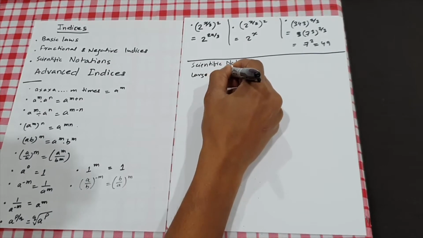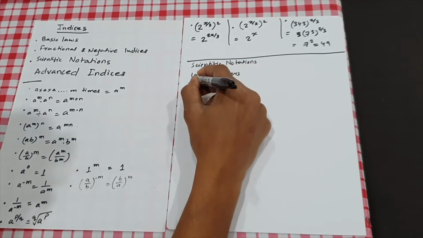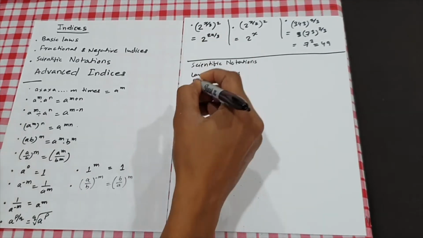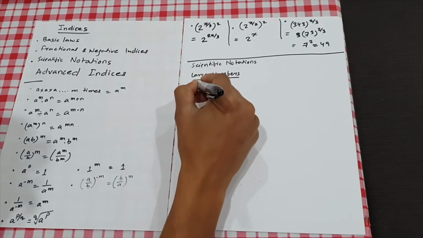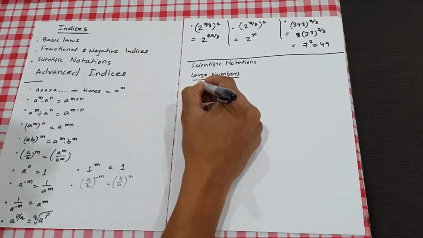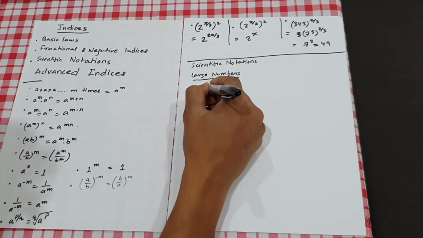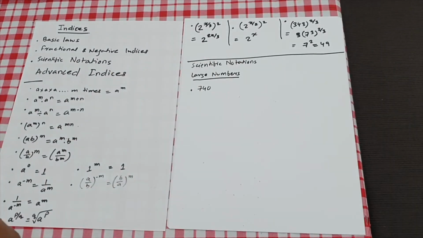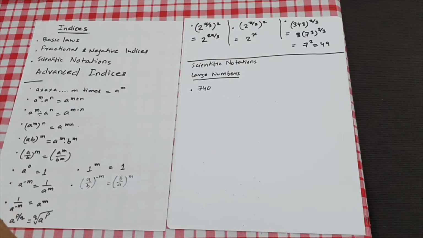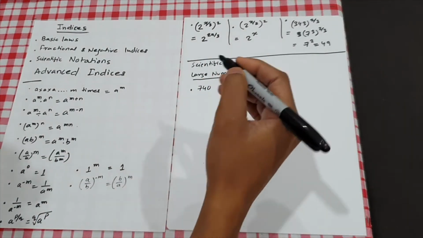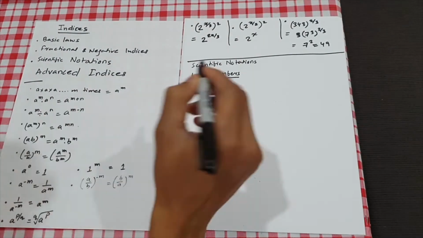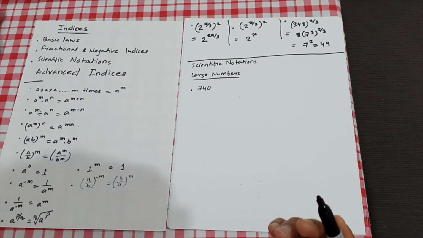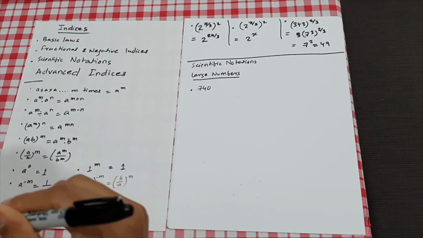We'll start with a not so large number. The rule is, if we have to express, let's say, 740 in scientific notation, this is standard notation. Let's find out where the decimal lies at this point.